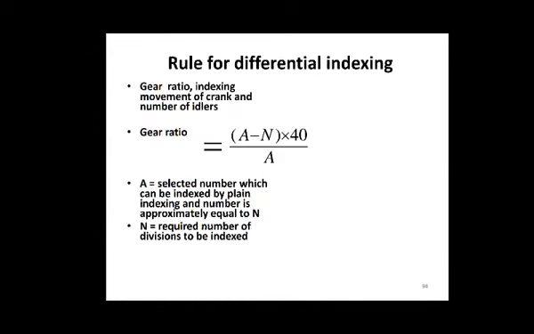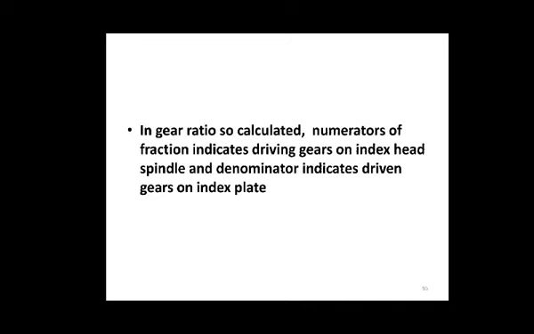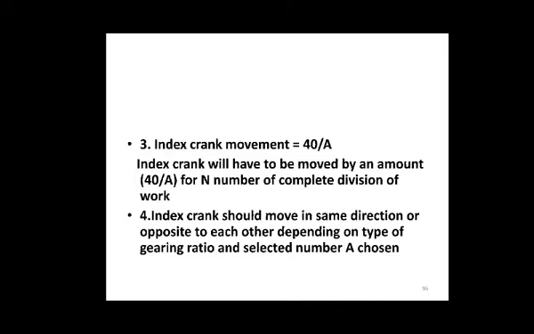In the gear ratio so calculated, the numerator of the fraction indicates driving gears on the index head spindle and the denominator indicates driven gears on the index plate. Index crank movement is equal to 40 upon A. The index crank will have to be moved by an amount 40 upon A for N number of complete divisions of work, and the index crank and plate should be moved in the same direction or opposite to each other depending on the type of gearing ratio and selected number chosen.